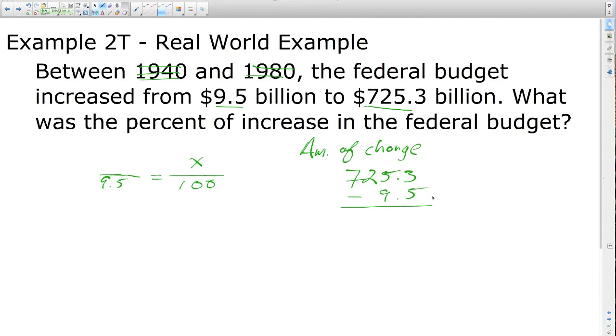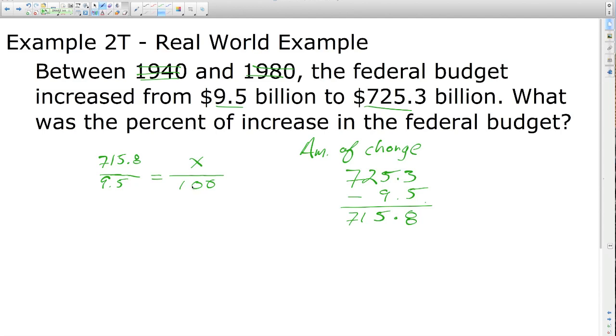When we do that subtraction, that gives us 715.8, and of course that would be billion. So this is the amount of change. This is the number that needs to go in the numerator. Now that number is considerably larger than the starting value, so we should expect a percent that's going to be considerably larger than 100.